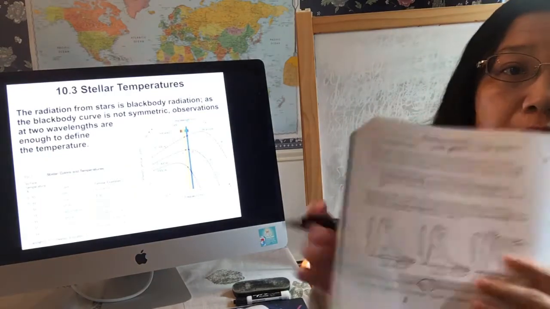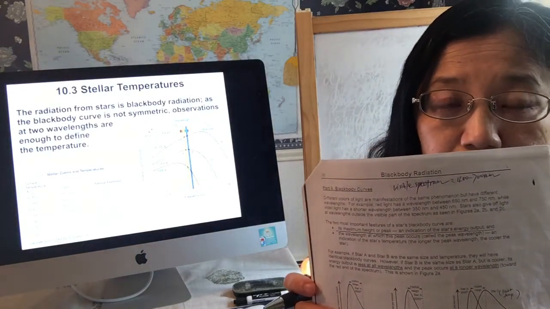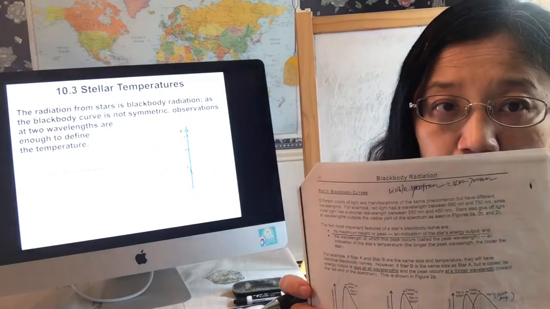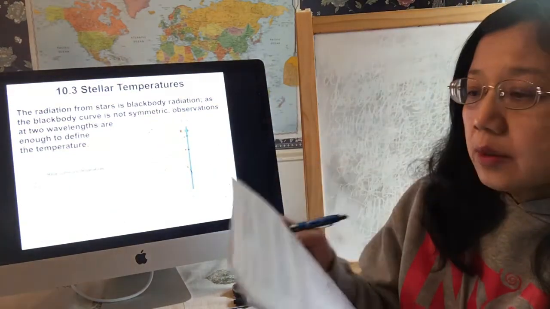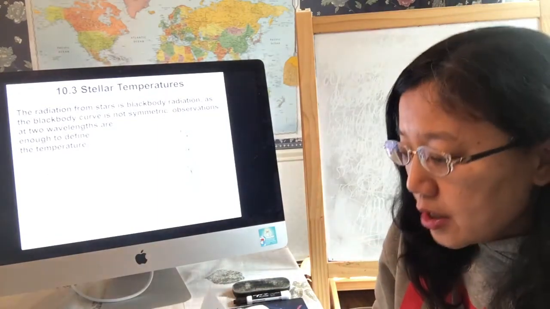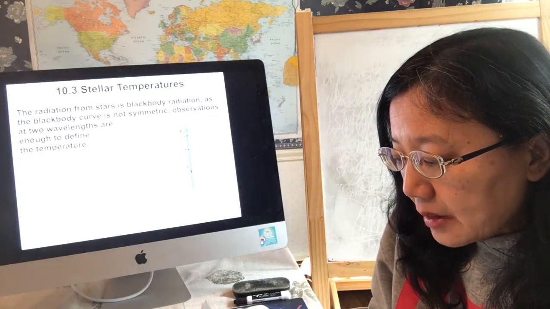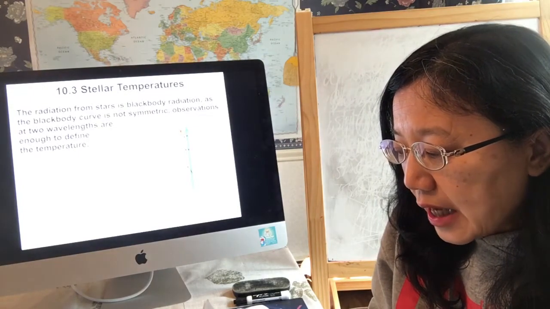The next page, as I explained from the last video, I want to explain one more time. When you read a blackbody radiation curve, there are two things you need to pay attention to. The first thing is the maximum height or peak, which is an indication of the star's energy output.